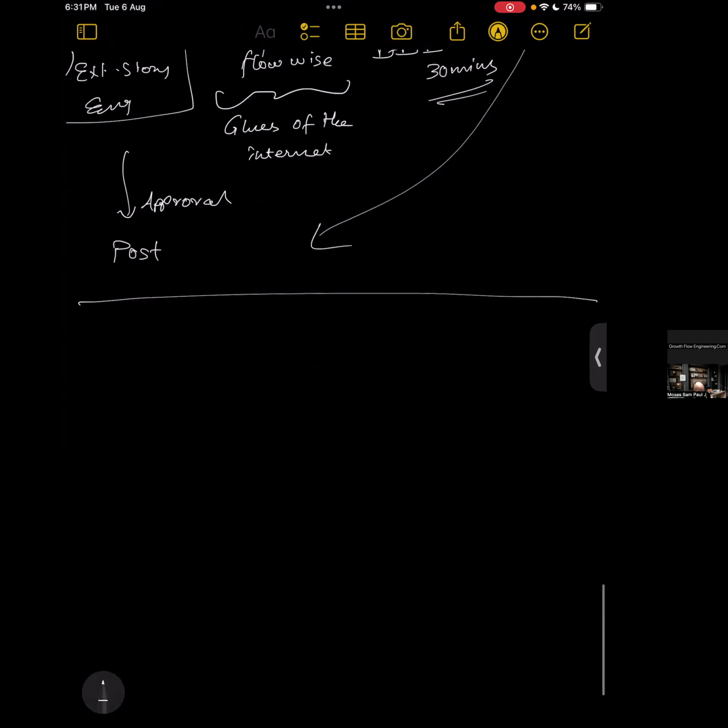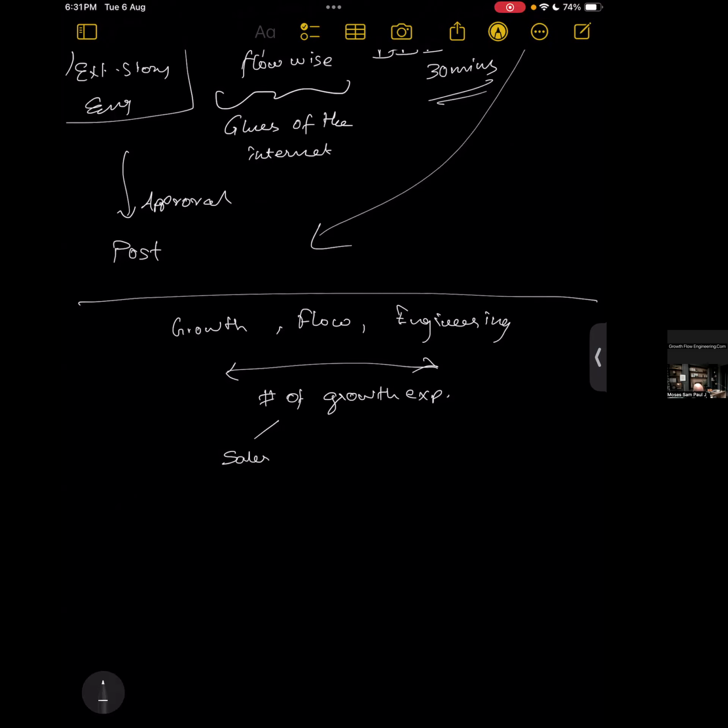So I think we have talked about all these three things. We talked about what is growth. We talked about what is flow. We talked about what is engineering. Okay. At growth flow engineering, what we are trying to do is maximize the number of growth experiments that you can run for your brand, be it sales related experiments, be it marketing related experiments, or your finance related experiments. Okay.